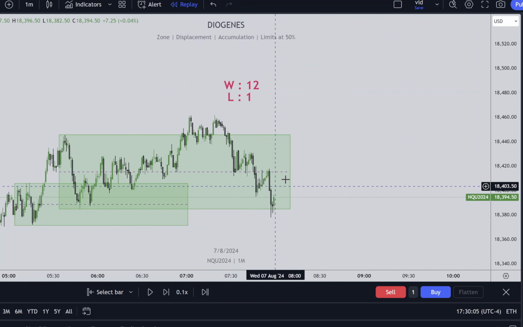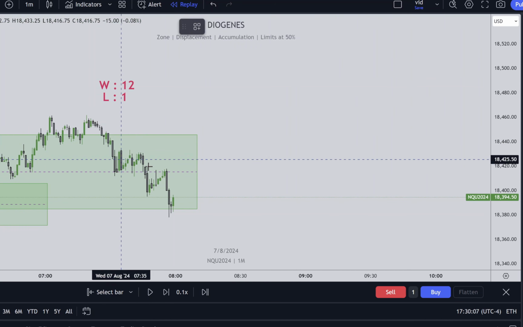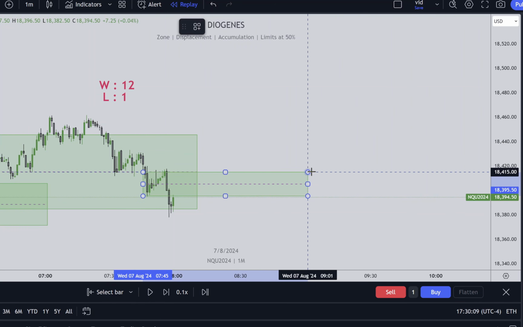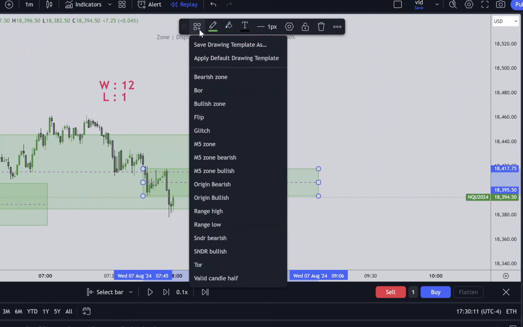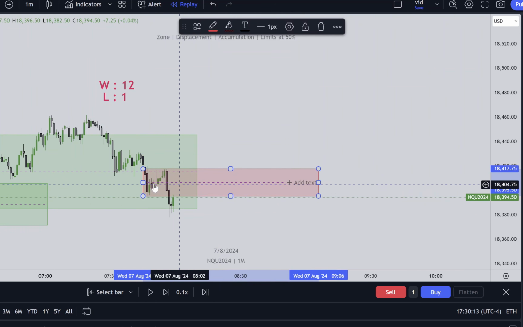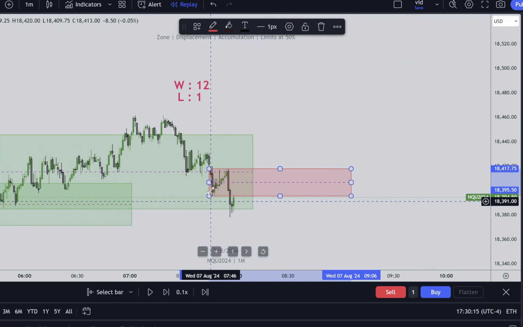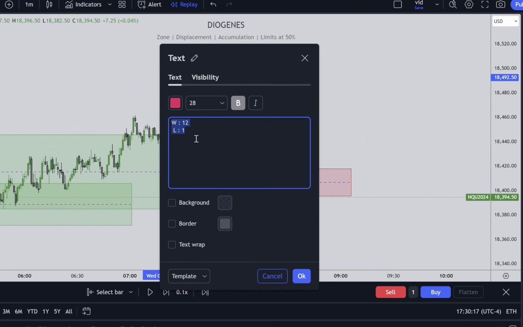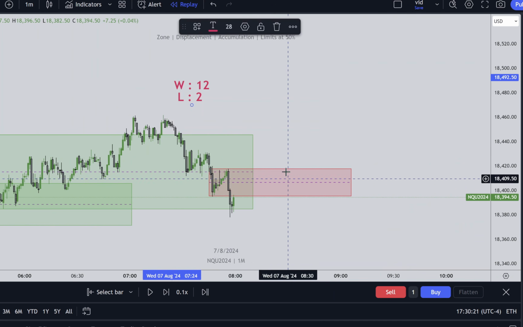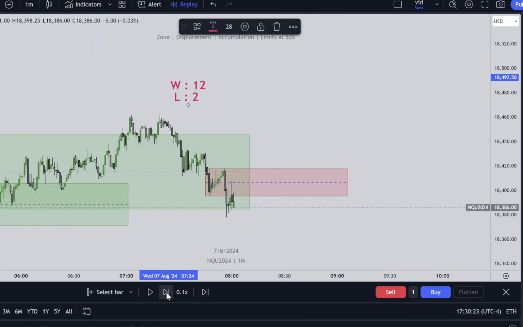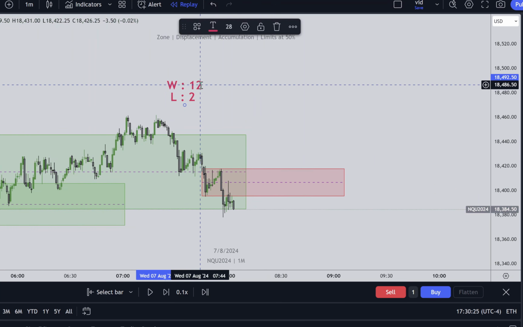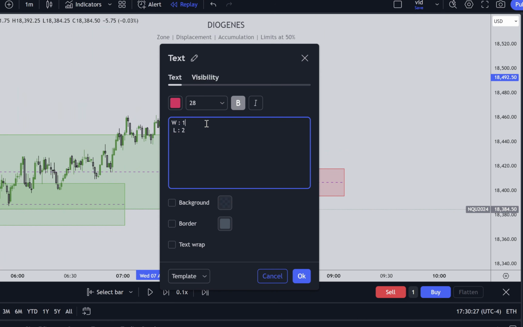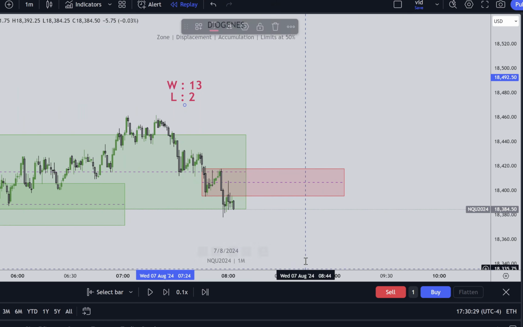So we were bearish. So I'm trying to recover my loss by taking a trade from here, which is a win in one candle.